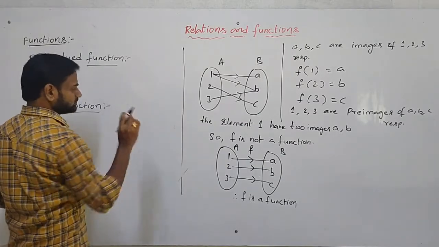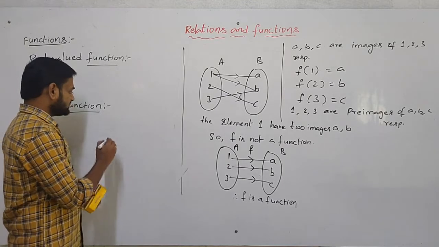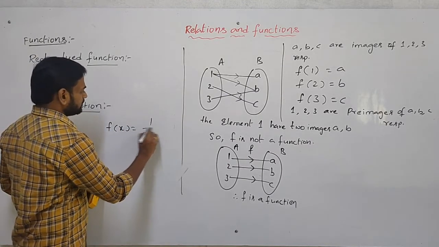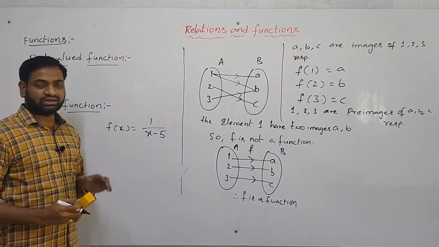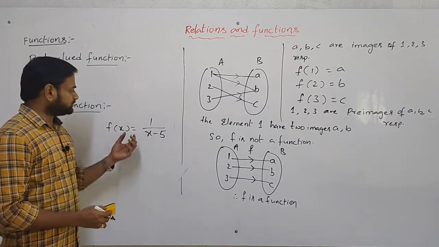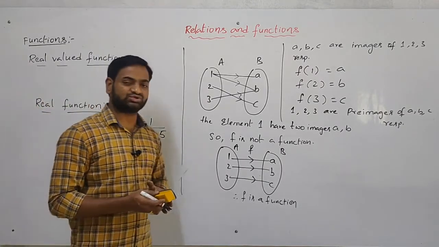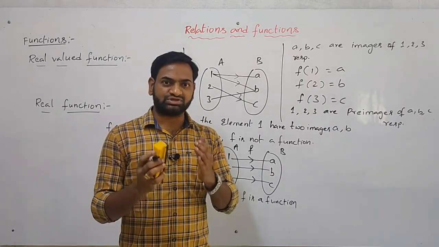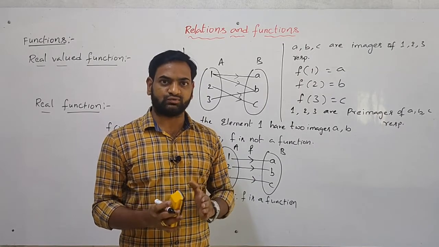See, I am taking a simple example, only one example. Suppose f of x equal to 1 by x minus 5. What is the domain of this function? Domain means, in the relation, the first elements which are in the relation.